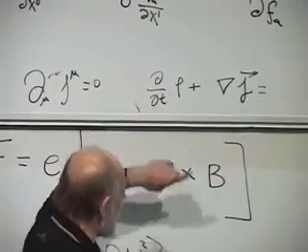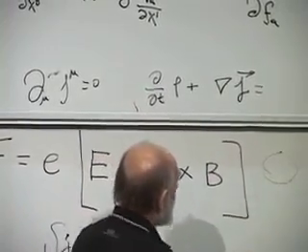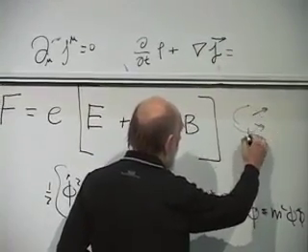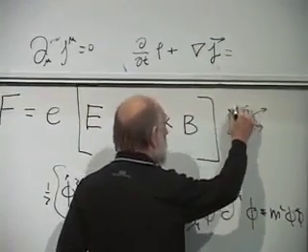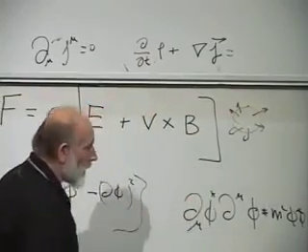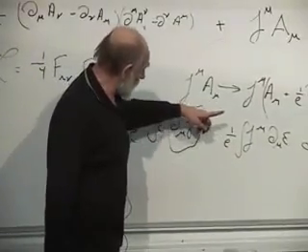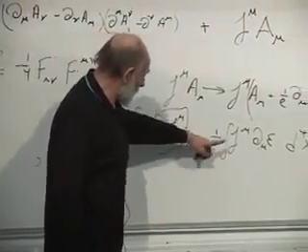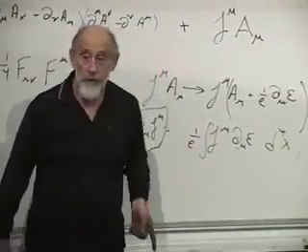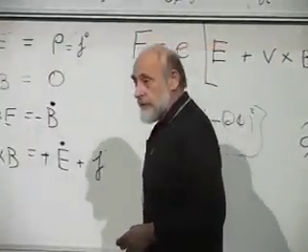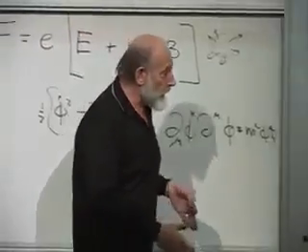The only way that the charge in a region can change is if there's a divergence of the current, which corresponds to current flowing out of or into the region. So this equation, ∂_μ j^μ equals 0, the continuity equation, is the necessary and sufficient condition for the action to be gauge invariant.